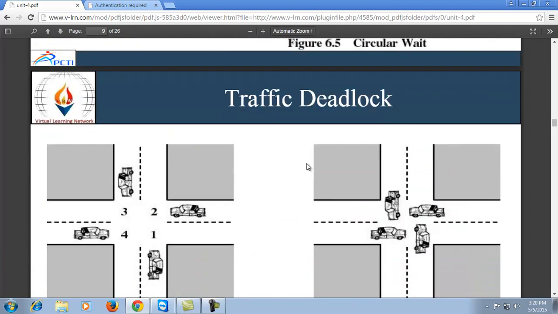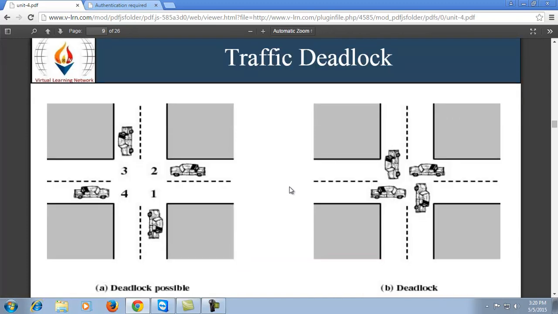So we have to manage these kinds of problems. An example is traffic deadlock. In that case we have a four-way intersection, east, west, north, south, and traffic is coming from all directions at the same time. In that situation the traffic gets choked and nobody is able to move further.